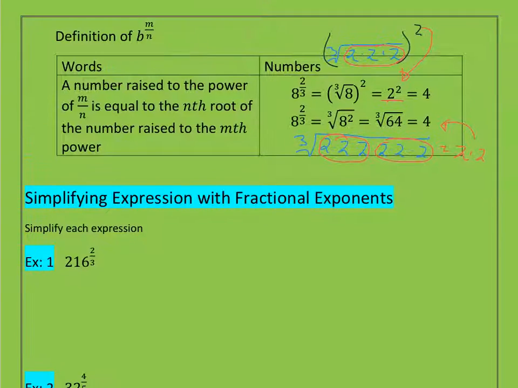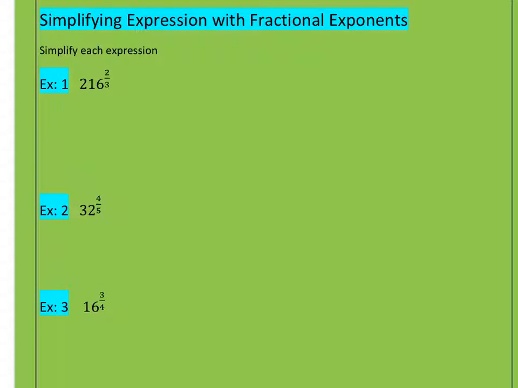So let's look at some actual problems where we're simplifying. So we're going to simplify 216. So let's rewrite it in radical form. Let me find, let's try brown and see how that shows up. Oh, not bad. So we're going to take our base of 216 and put it underneath the radical.